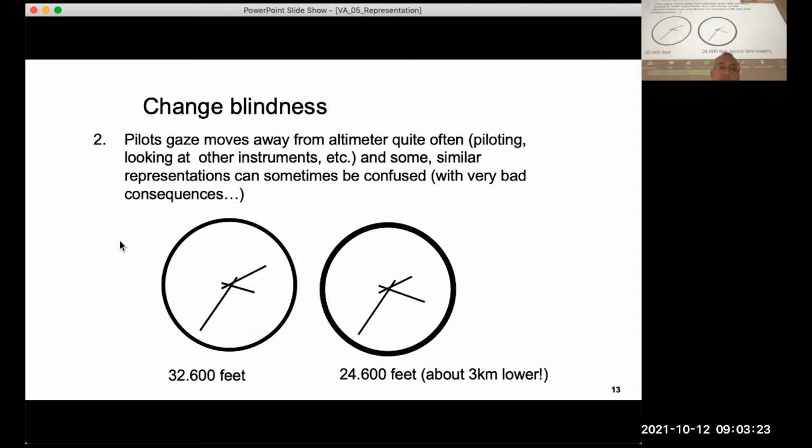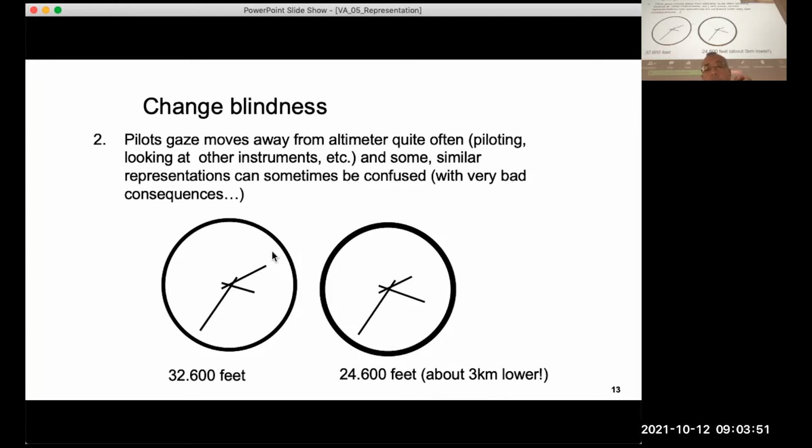For instance, if you have this image that is representing 32,600 feet, and you compare it with this, in which we just swapped the 2 hands, you can confuse them. They are quite similar, even if they are very different in meaning. You are 3 kilometers lower in this case.